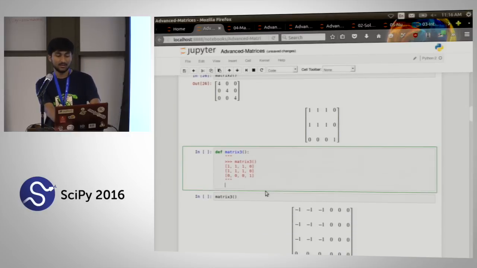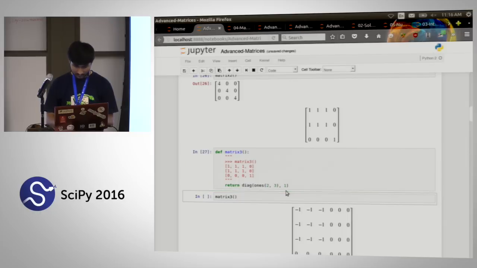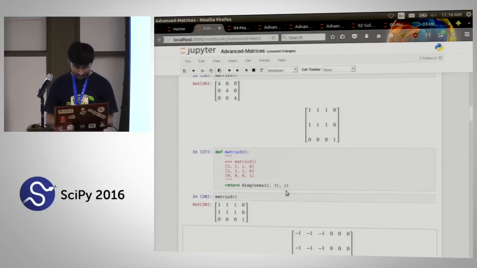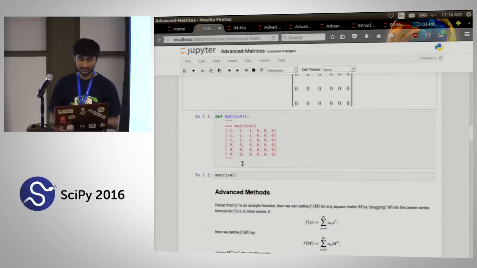So in this matrix, we have 2 comma 3 ones as a diagonal and 1 as diagonal. So there's a function for creating a matrix by diagonal. So what you can do is... A small exercise for you.